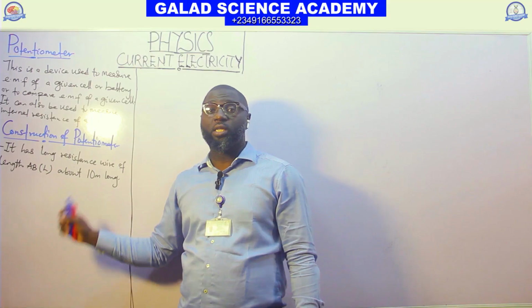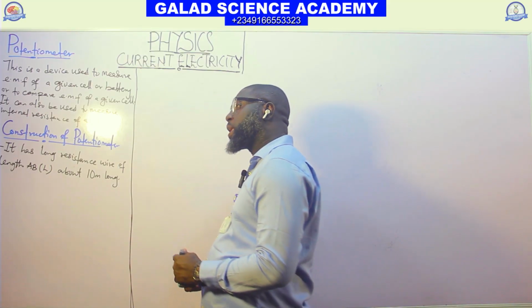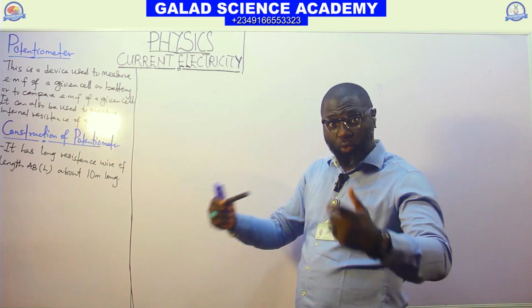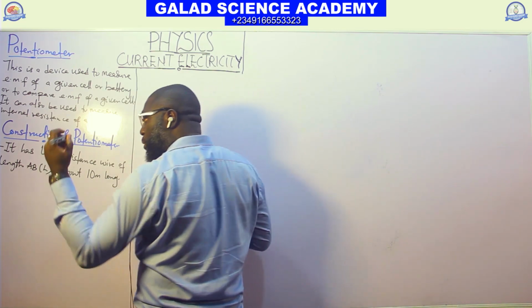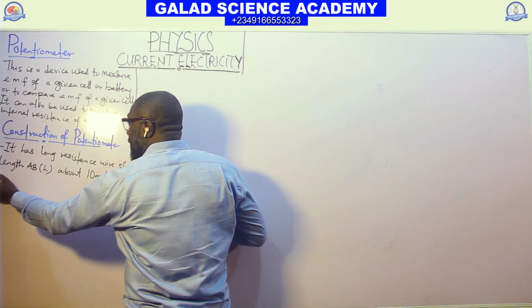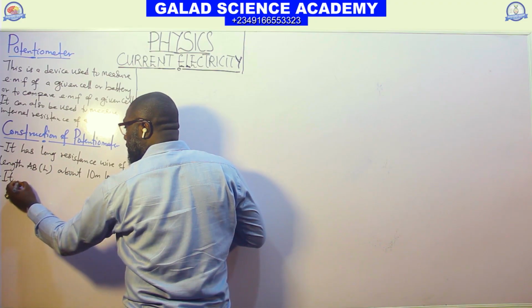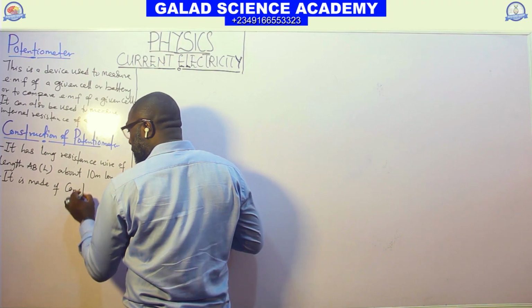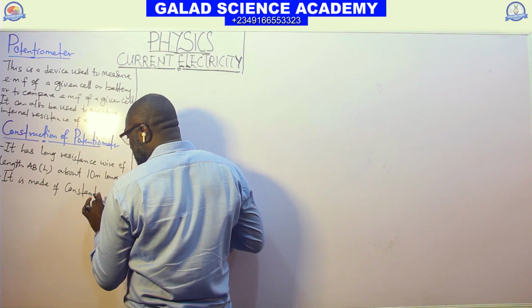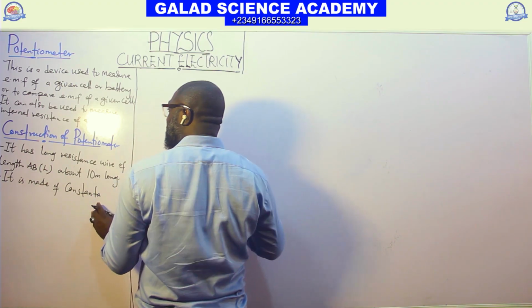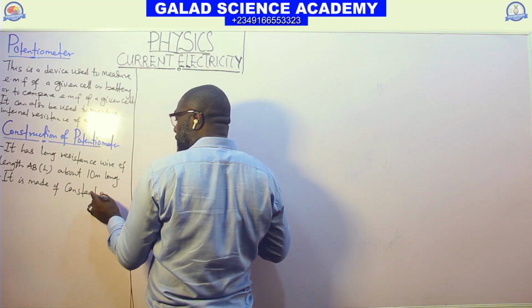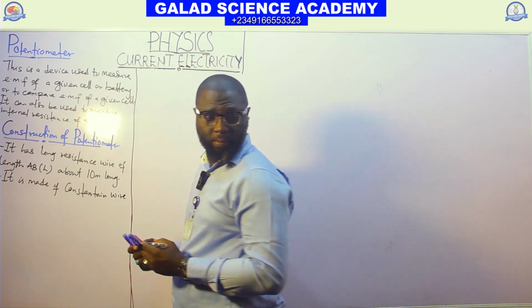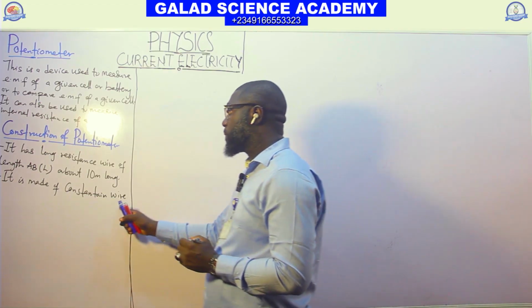And the wire is made of Constantan, the wire that we always use for a potentiometer. It is made of Constantan wire.